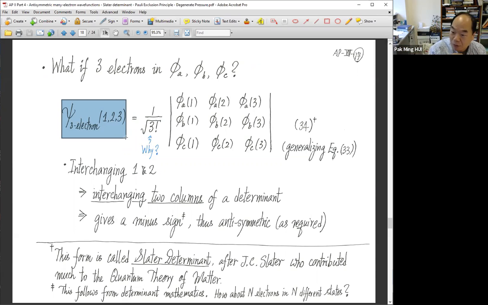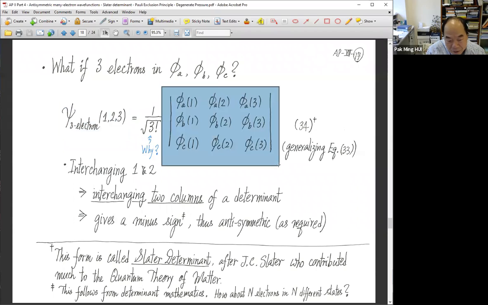Now that can be troublesome when you have 4 electrons, 8 electrons, things like that. But if you use the determinant form, life becomes much easier, you see? When you interchange 1 and 2, you interchange the label, the variable of electron number 2 with electron 1. Last time we drew a picture: one electron is in this location, the other is in that location.